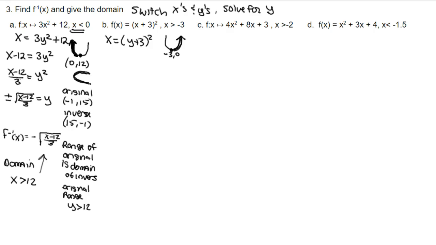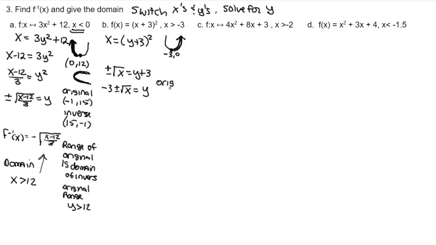So now what we're going to do is go ahead and get our y by itself. Well, all we've got to do is square root both sides. And that's going to be plus or minus the square root of x, and that's going to equal y plus 3. And then we've got to get rid of the 3. And so now the question is, again, whether it's plus or minus.